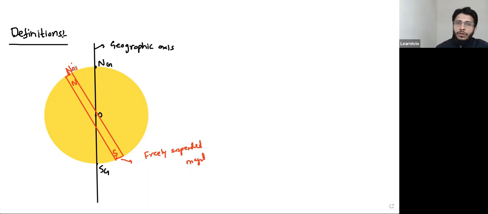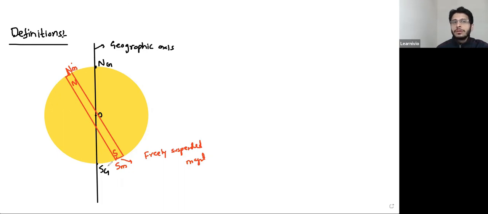Near the geographic north, the pole is the magnetic north of the earth, but the behavior of this magnetic north is like a normal south pole. And here, the magnetic pole is known as magnetic south. So the pole where the north pole of the magnet is aligned is known as magnetic north, and the pole where the south pole of the bar magnet heads is known as magnetic south.